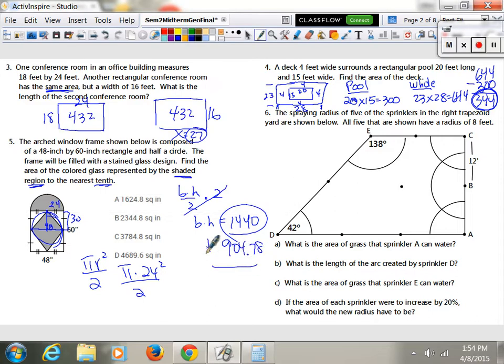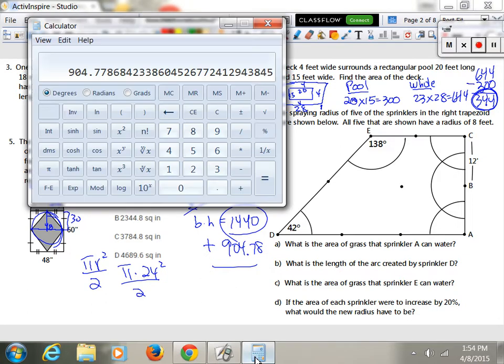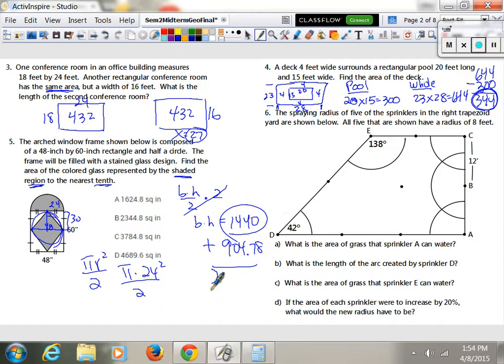You need to add these two together, so that amount plus 1440, and you get 2344.78. And you look for the closest one. And there it is. It's rounded off perfectly. 0.78 would round up to 0.8. So it had to be letter B there.